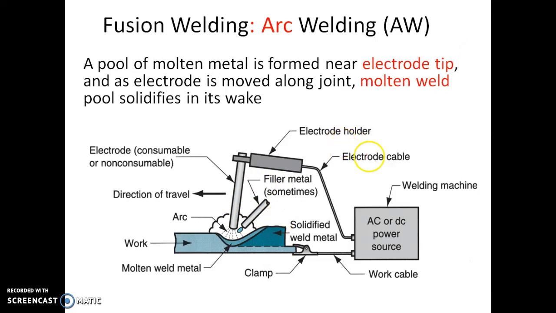Current is passed through, and the electrode and workpiece are separated by 2 to 4 millimeters. The electricity moves through this gap, through the air, and the air acts as a conductor, but there is a high amount of resistance, and this resistance creates heat of around 4 to 5000 degrees Celsius, which is able to melt the material and fusion happens. This is the arc, and these are the electrodes.